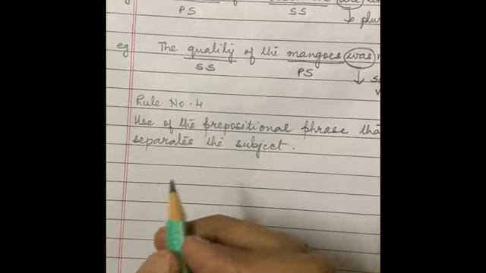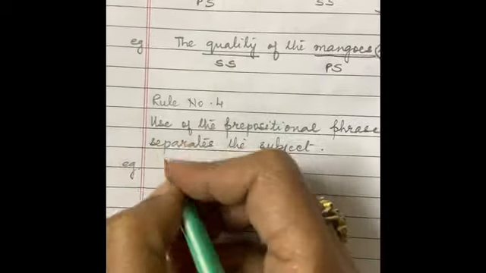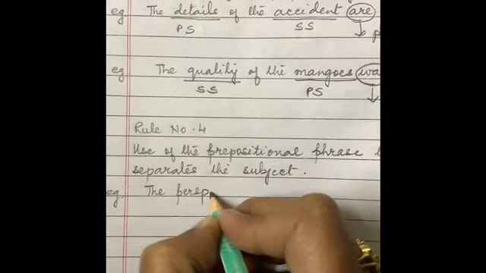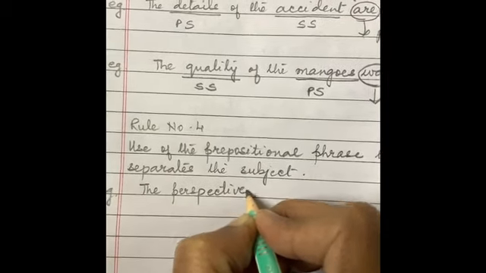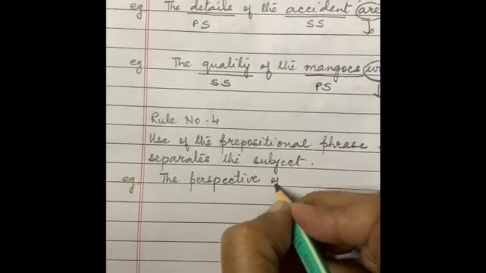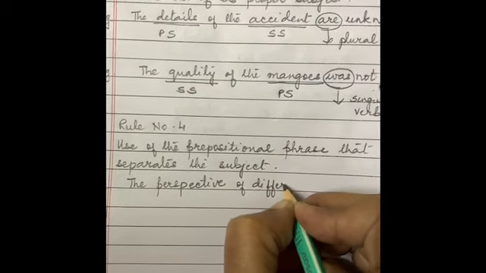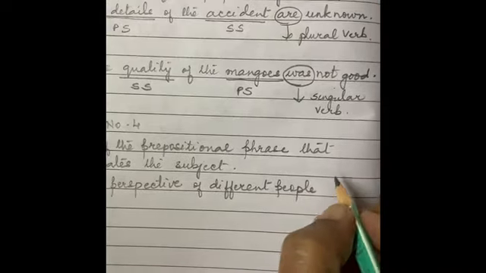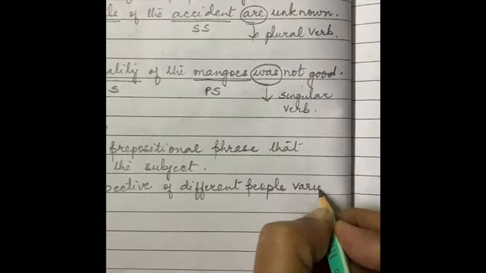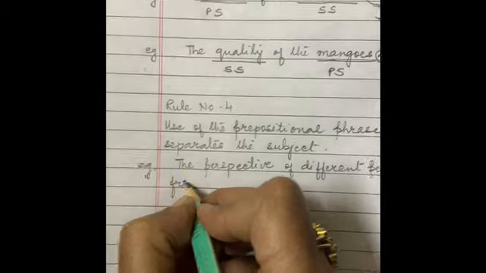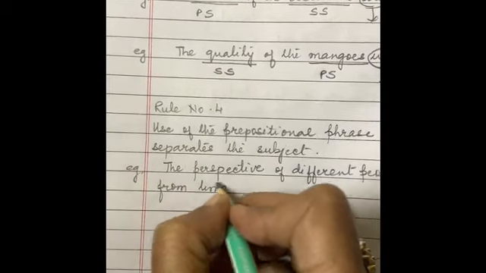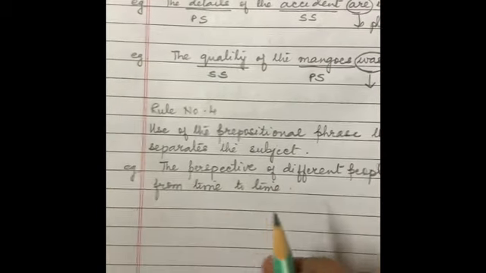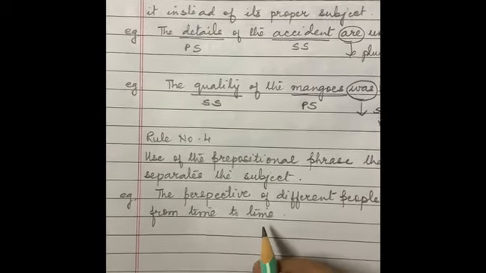For example, the perspective of different people varies from time to time. Here we have ignored the phrase, of different people.